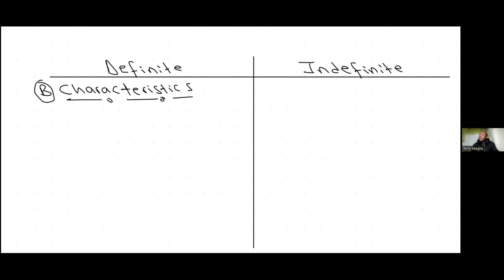Here, we're going to talk about the limits. The definite has both upper and lower limits, which are both constants.